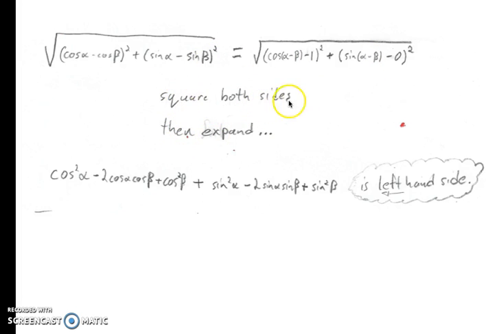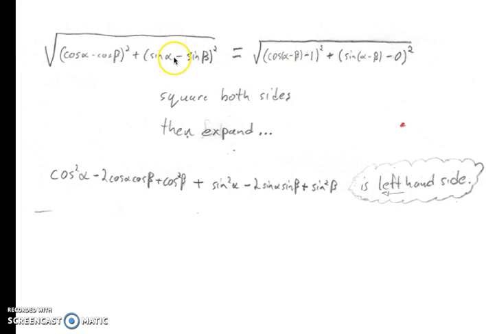I put here that I square both sides and expand, but it is not truly that you are squaring both sides per se, because we're not going to make an absolute value statement out of this. We're not going to concern ourselves with plus or minus, because the arguments of the radicals are always positive numbers, since they're squared.